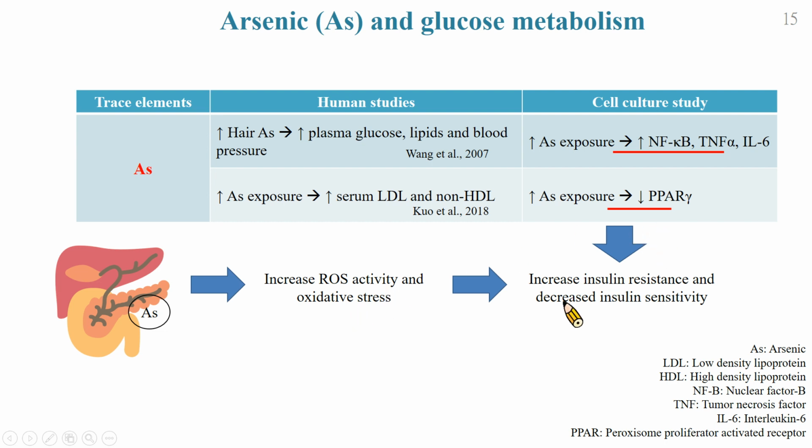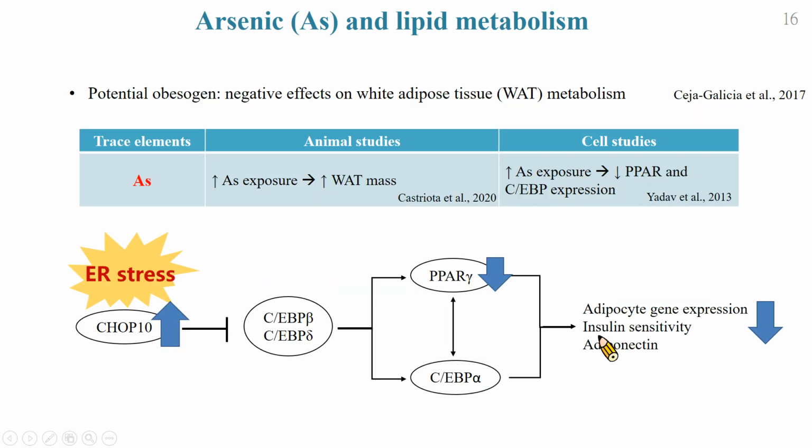And the increase in oxidative stress together with the increase in pro-inflammatory cytokines will disrupt glucose metabolism and decrease insulin sensitivity as well. Arsenic also has the same effect on lipid metabolism.